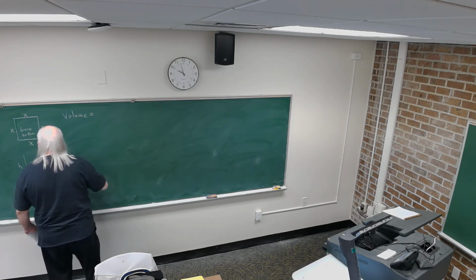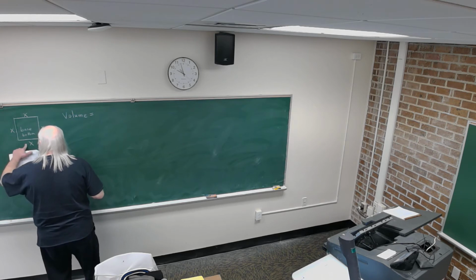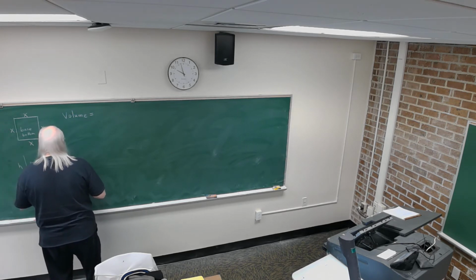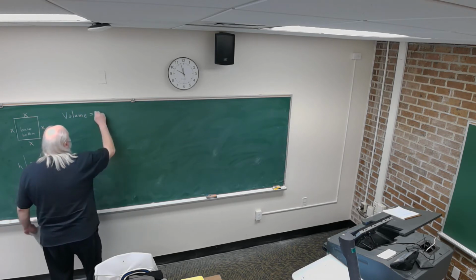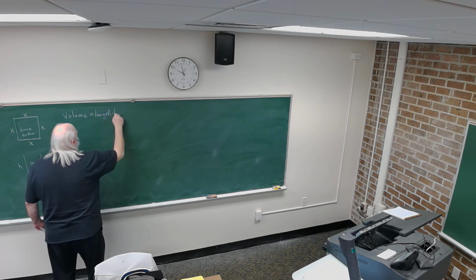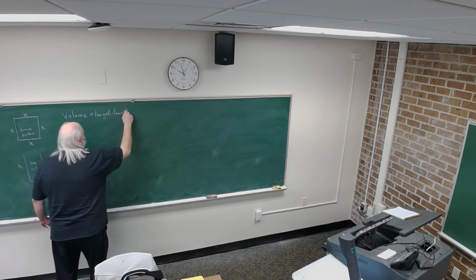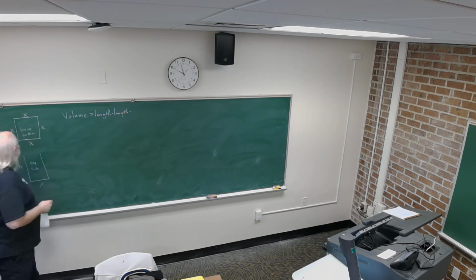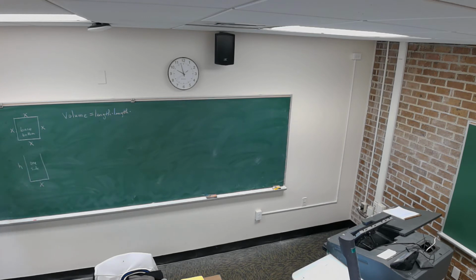Well, the volume of the box is width times length times height. Well, width and length are the same when the bottom of the box is square. Okay. Square shape.